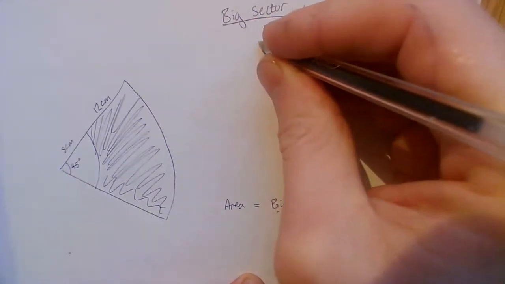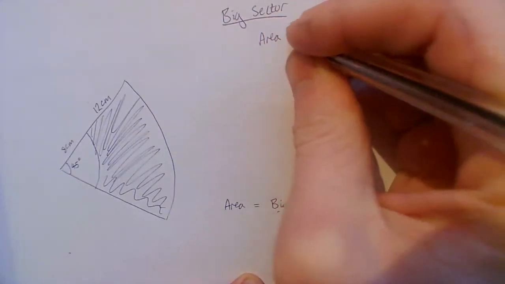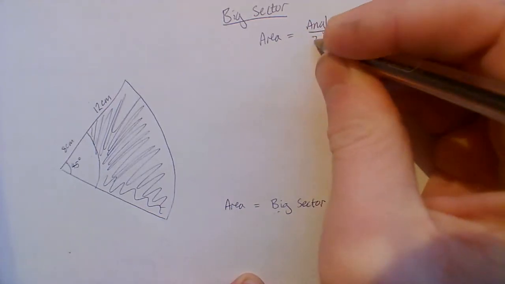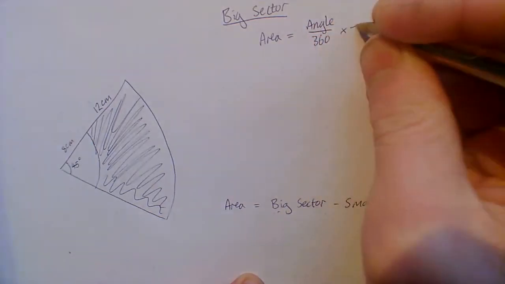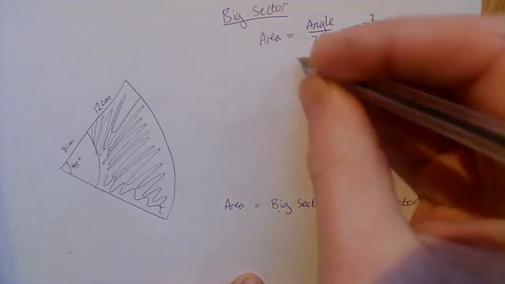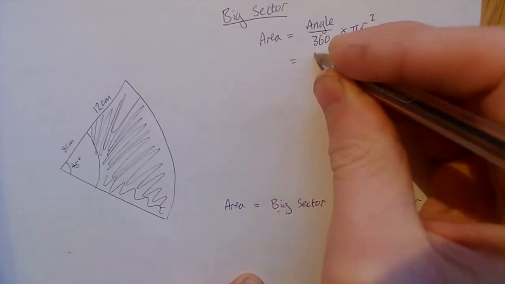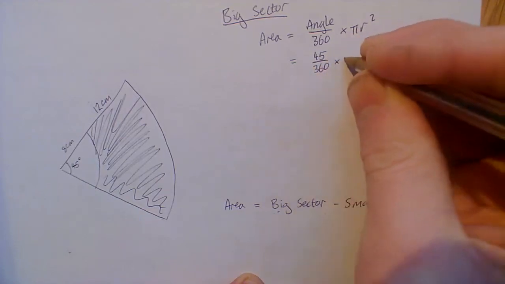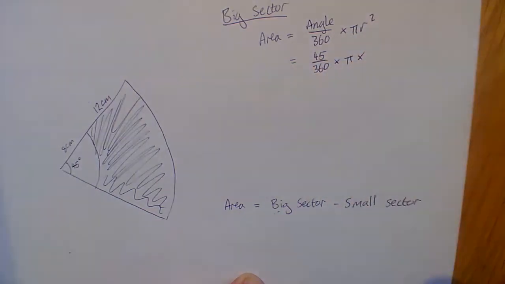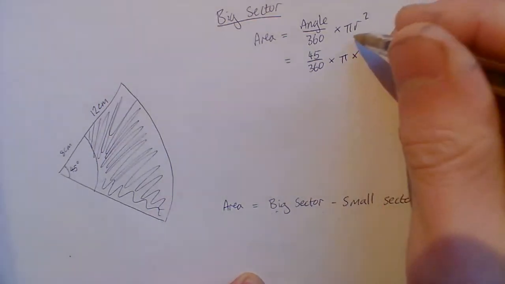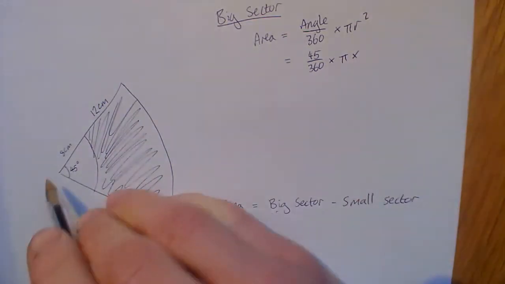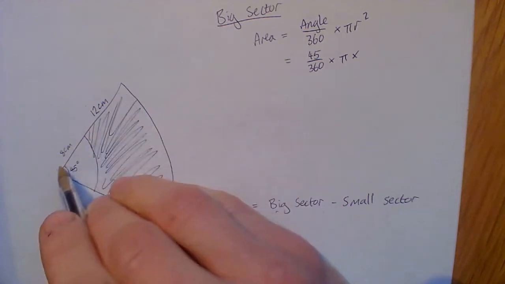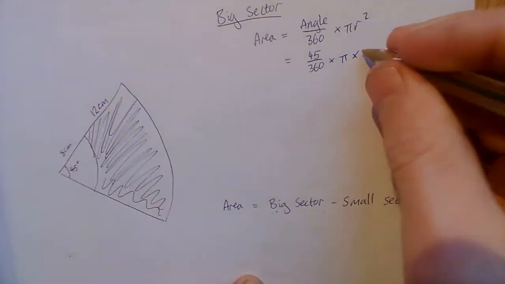On that big sector, we have that the area equals angle over 360 times pi r squared. Put our numbers in, so that is 45 over 360 times pi times, now the key thing here is we know what the radius is. The radius is all the way from the center of the circle to the outside, so it's not just this 12, it's the 8 and the 12 put together.